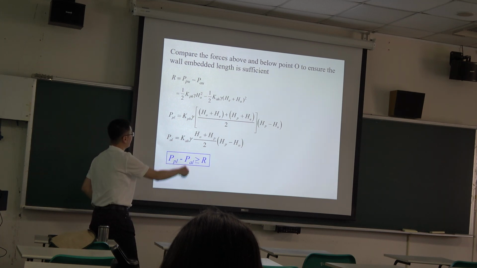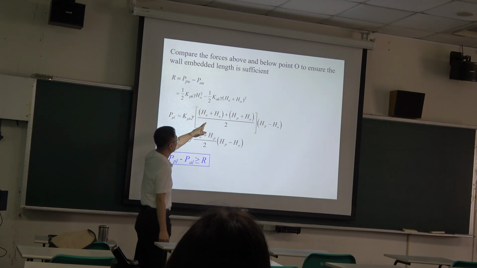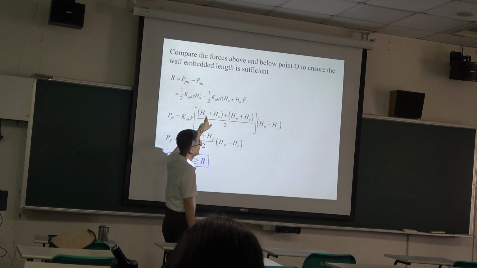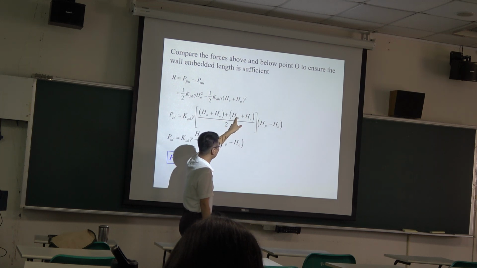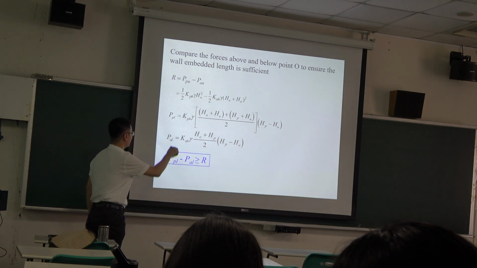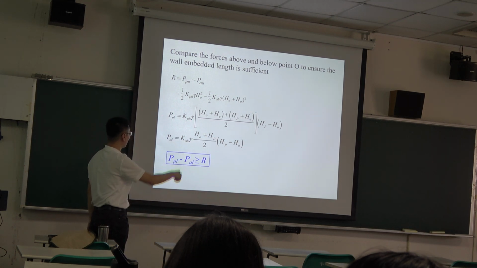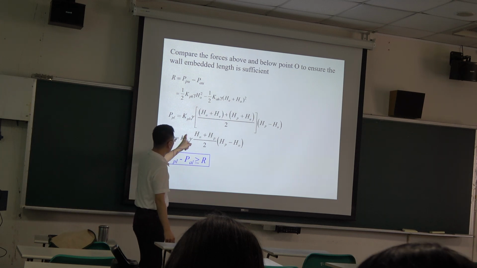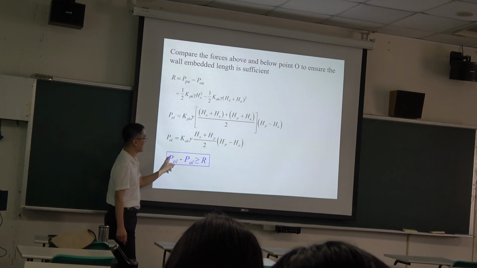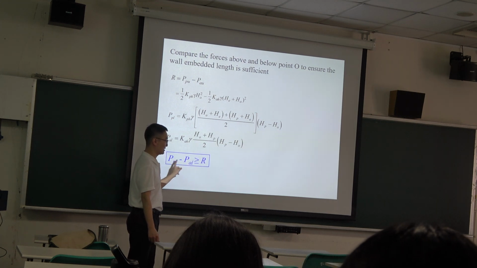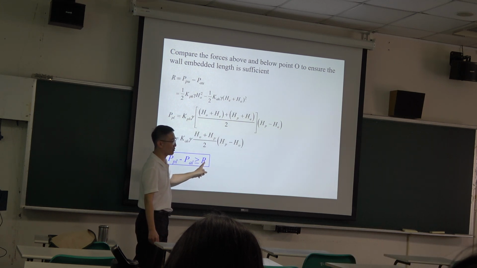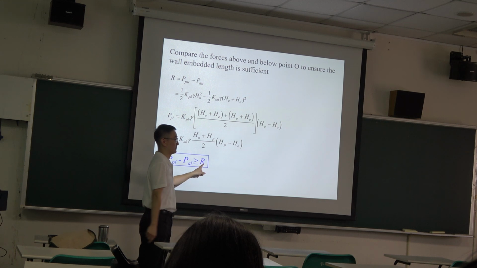For the bottom part, once we know HO and HP, theoretically we can work out the passive resultant and then the active resultant for the lower part. We subtract one from the other to check whether this difference is greater than or equal to the above resultant.